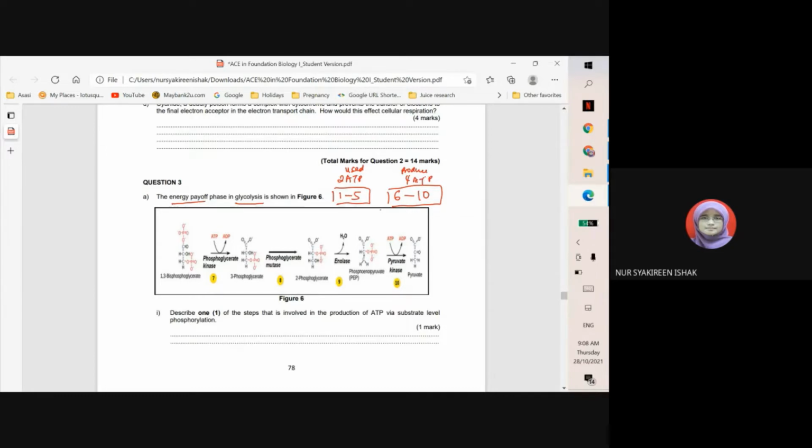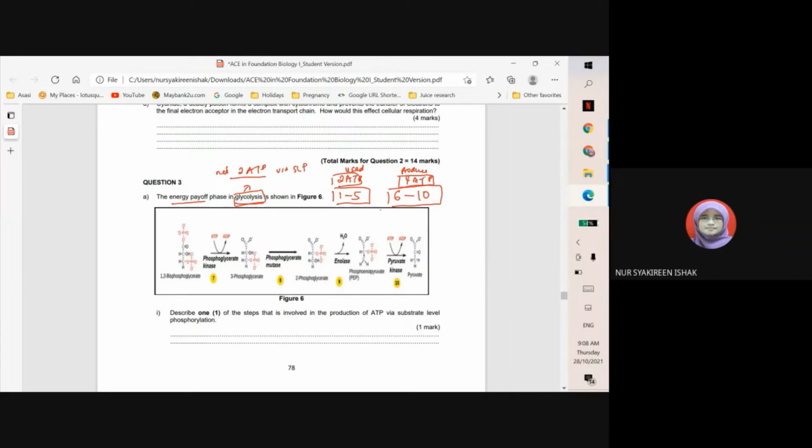You have to know that glycolysis produces a net of 2 ATP, because you minus 4 minus 2 to get the net production of 2 ATP produced during glycolysis via substrate level phosphorylation.